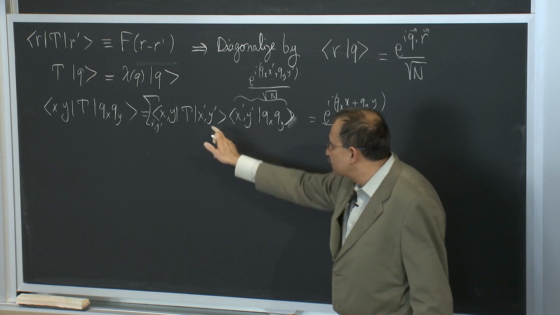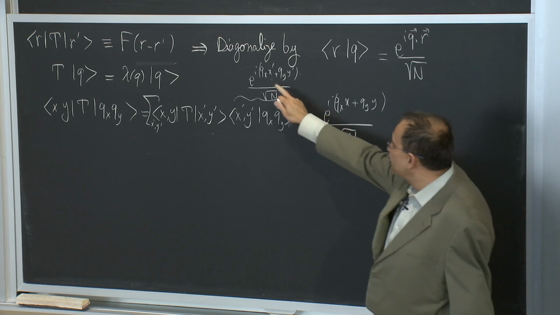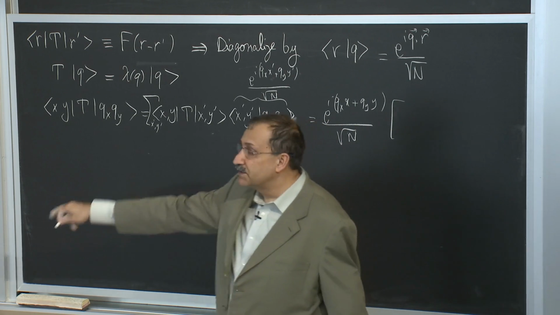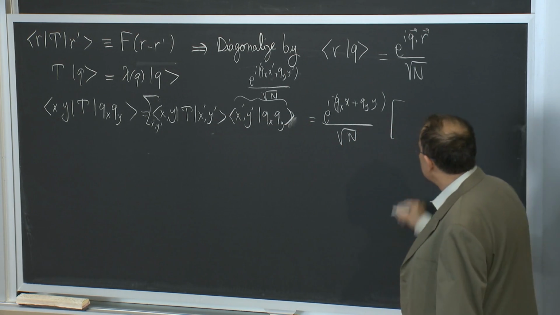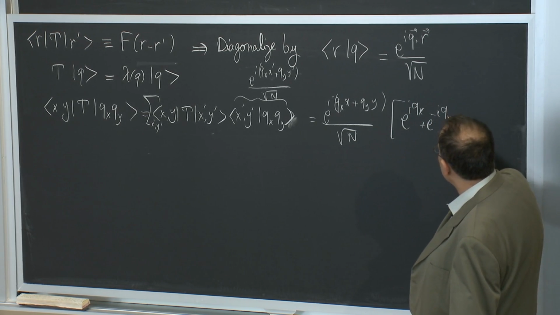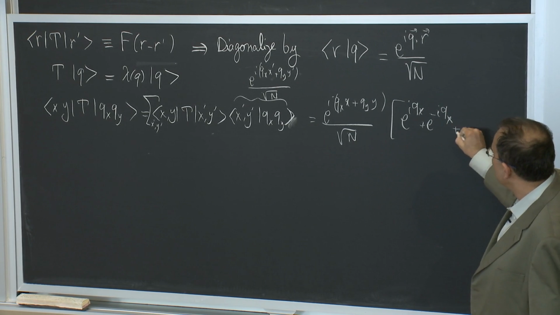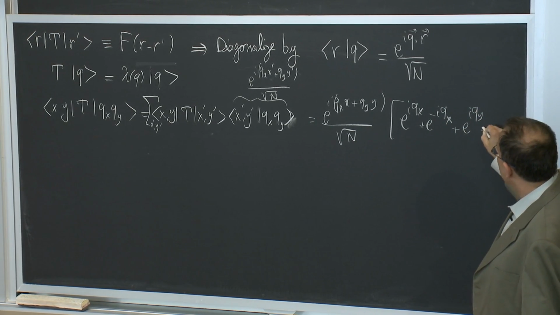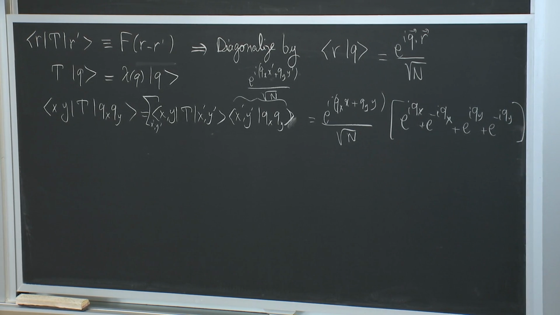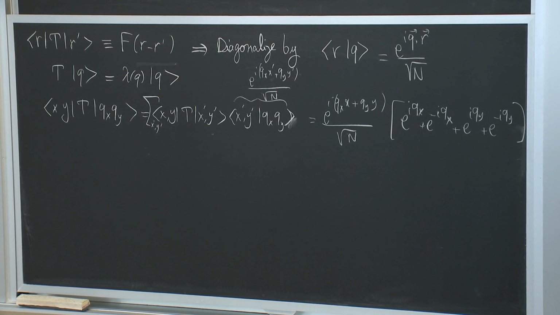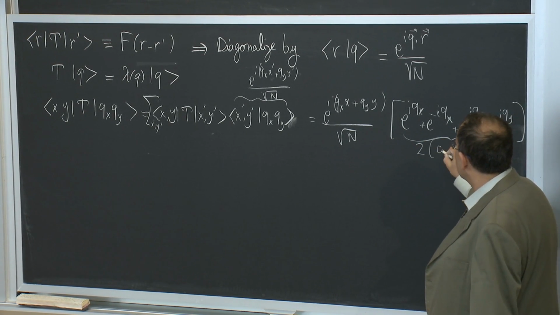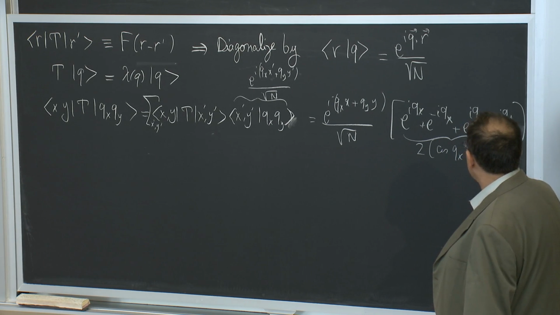So essentially, the delta functions just change the x primes to x, at the cost of the different shifts that you have to do over there. That means you will get a factor of e to the i qx, e to the minus i qx with qy not changing, or e to the i qy and e to the minus i qy with the x component not changing. So this is the standard thing that you have seen, none other than 2 times cosine of qx plus cosine of qy.